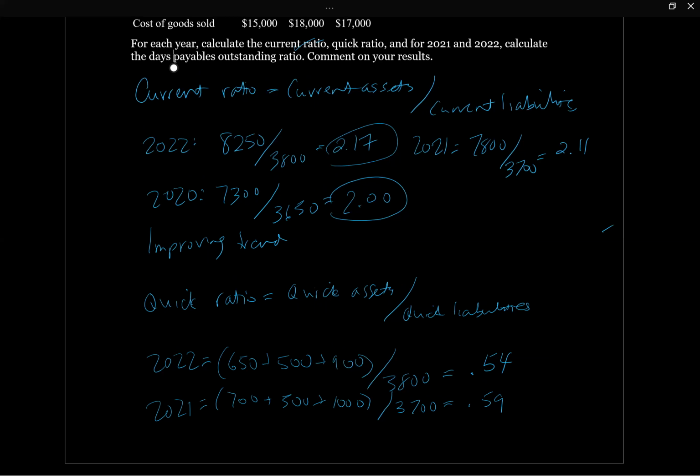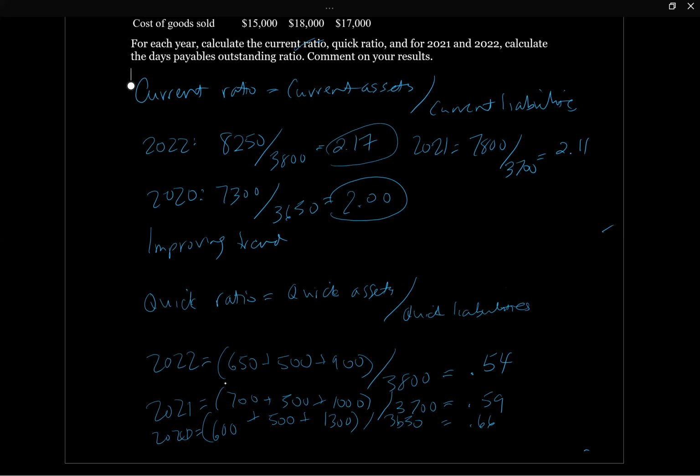And then for 2020, we are going to use 600 plus 500 plus 1,300 divided by 3,650, which is going to give us 0.66. So how is this moving here? Sorry, this should say 2020.